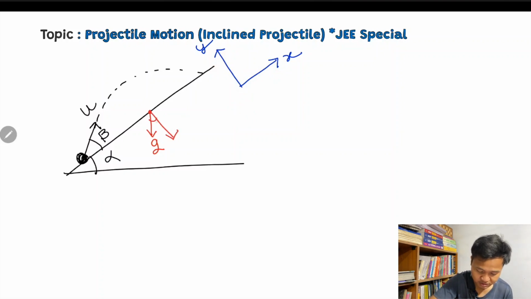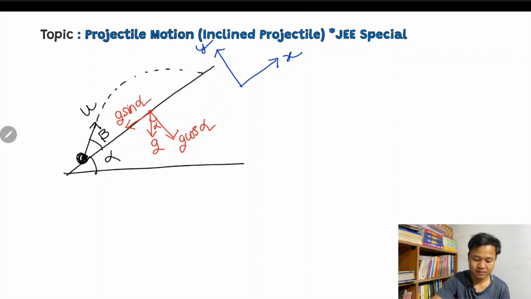Along this side, with angle alpha, it is g cos alpha, and along the other side g sine alpha. In normal projectile, the x component is horizontal and a_x is zero. Here a_x is not equal to 0, and similarly you have a_y.